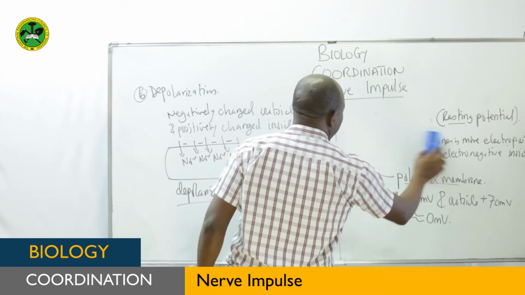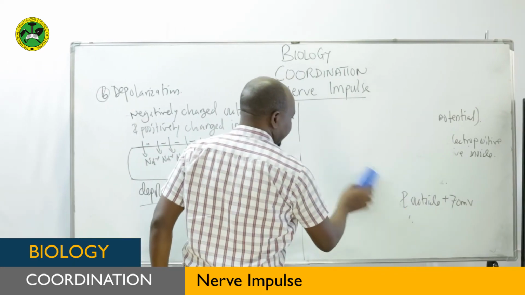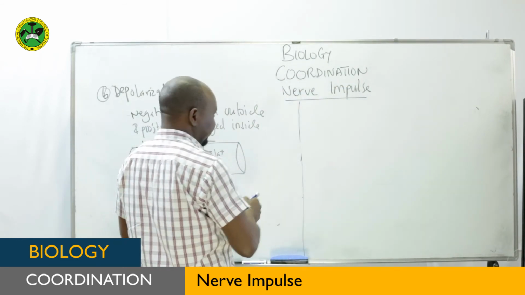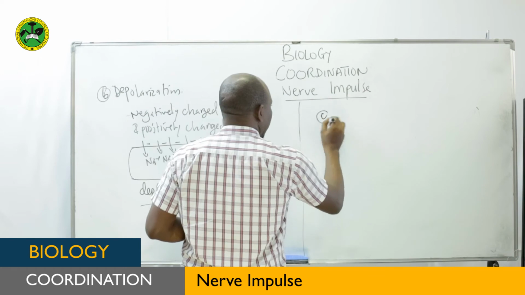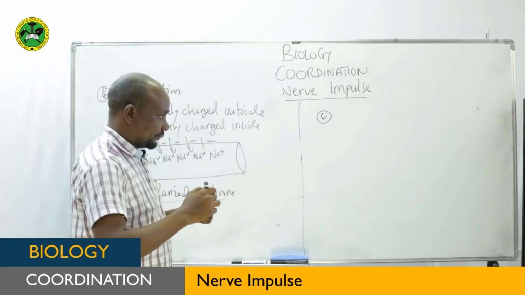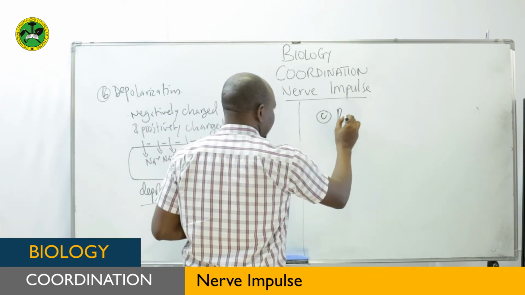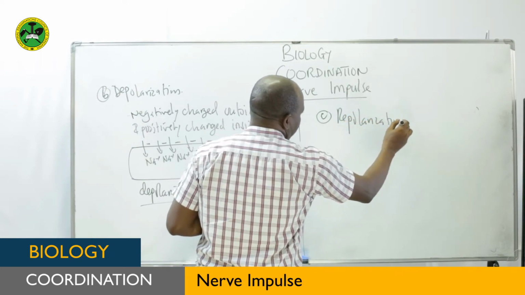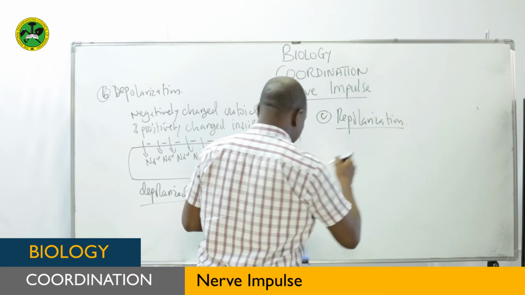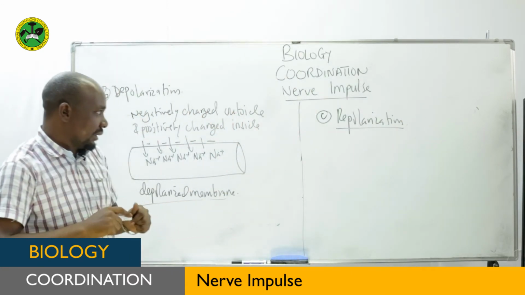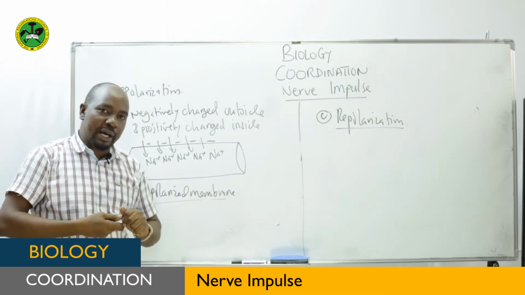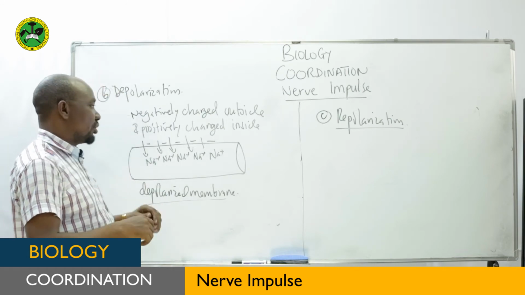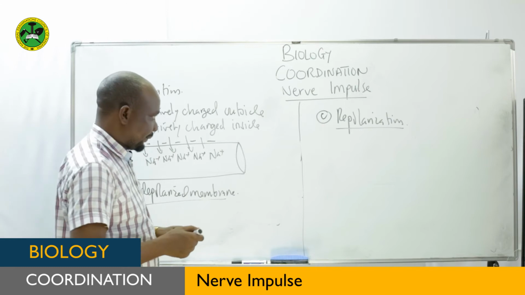Dear student, the third term is repolarization. Repolarization is the recovery, or regaining, of the axoplasm to its origin after the passage of the nerve impulse.